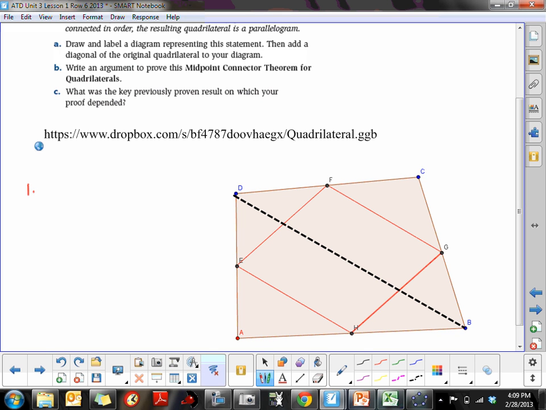First of all, what we're doing is we're given that we have a quadrilateral ABCD. Step 1 is given. Step number 2, what we did is we drew a diagonal, and BD is a diagonal of our quadrilateral.